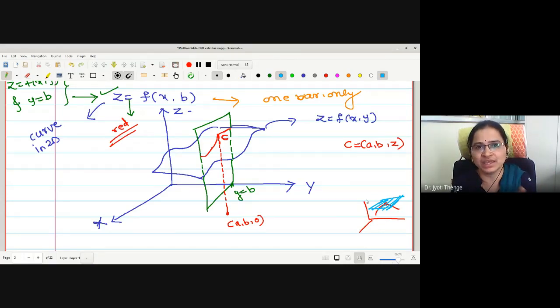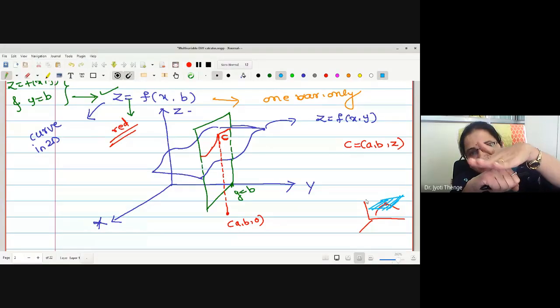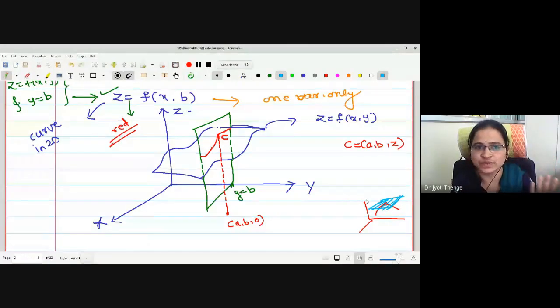If you can see me in the camera, this is the curve, and we are finding the tangent. Therefore, this is the tangent plane. Okay, I hope my hands are visible to you. Okay, so this is a plane possible. Means how many lines can we draw? Infinitely many lines we can draw.